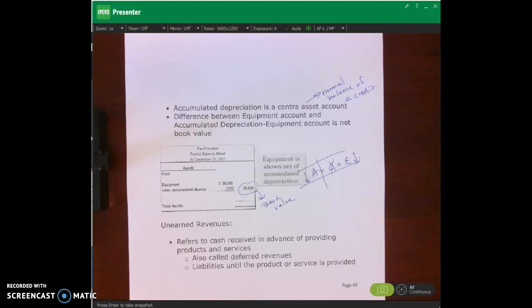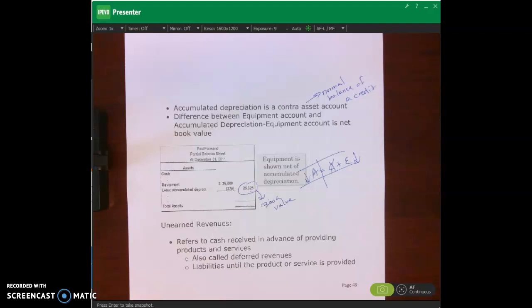Now we have revenue. And that's the adjusting journal entry we need to think about here: when we are paid up front, we debit cash and credit unearned revenues. But then when we provide the service, we reduce our liability and we recognize revenue.